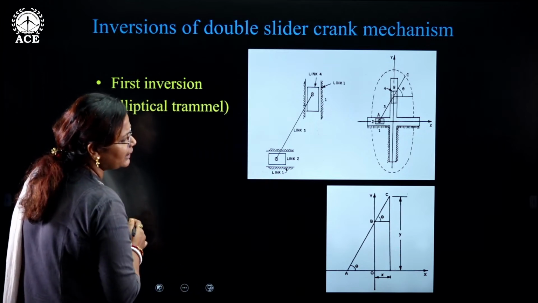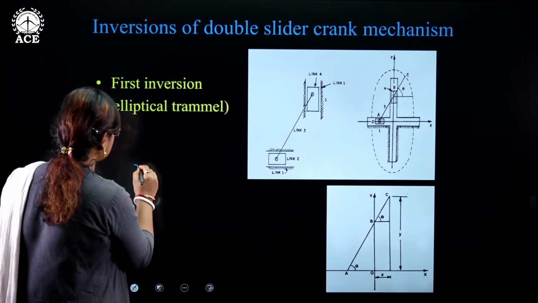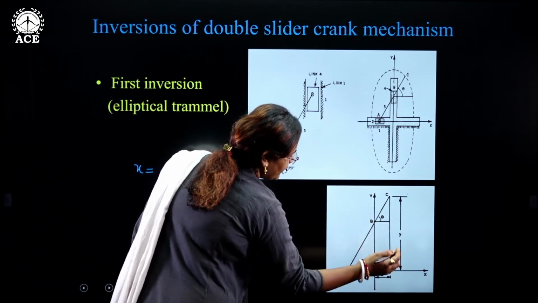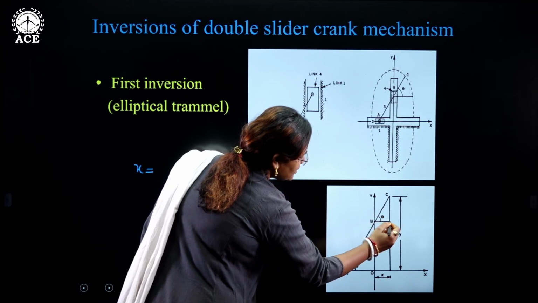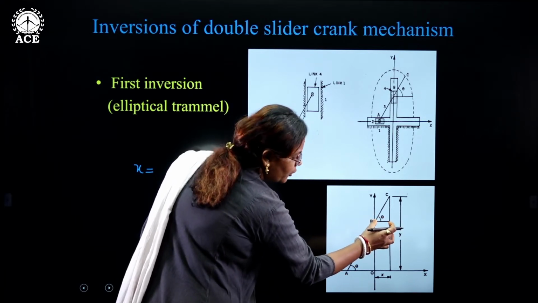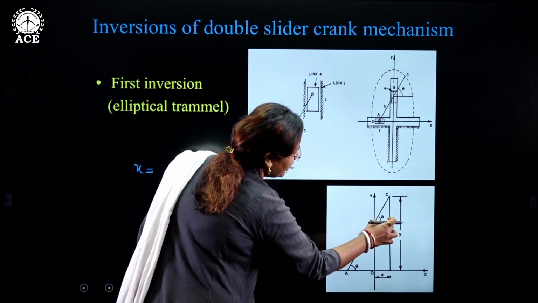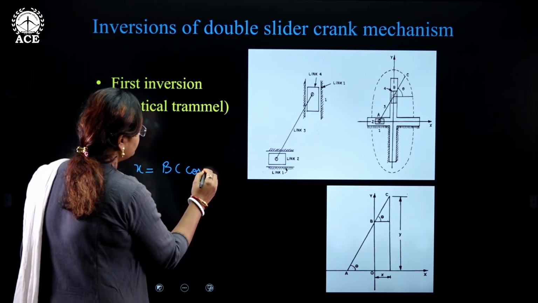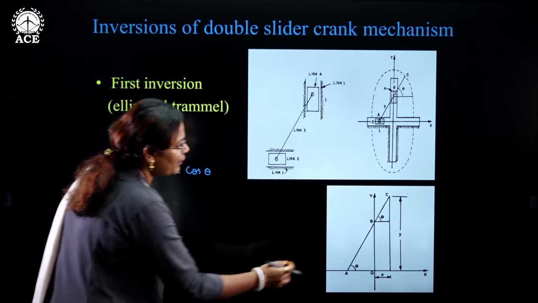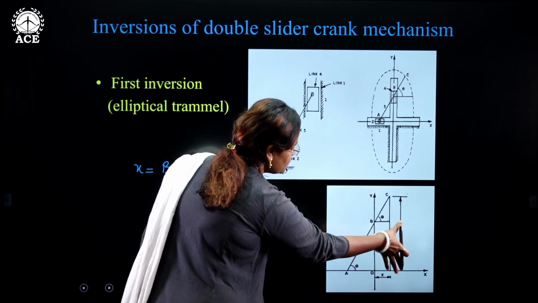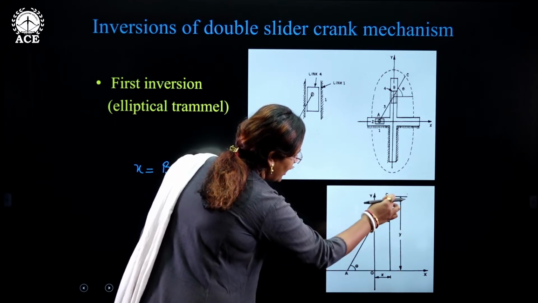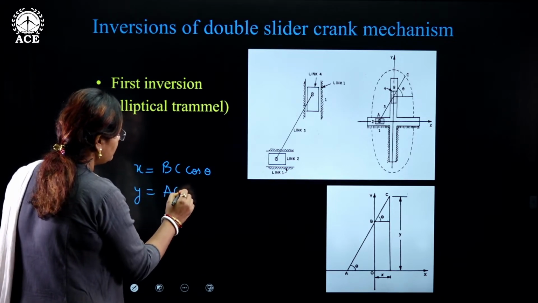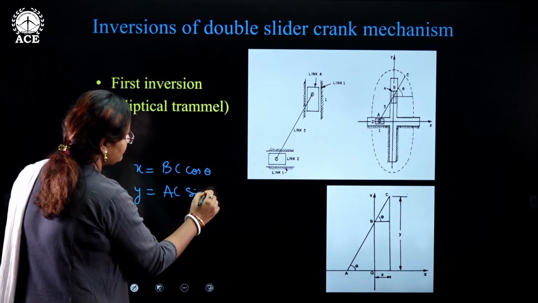If I want to write x from this particular triangle, trigonometric ratios, if you are clear with them, x here will be BC cos theta, correct? Now if I want to write y, the total distance y, I have to consider this big triangle, and y will be AC sin theta.